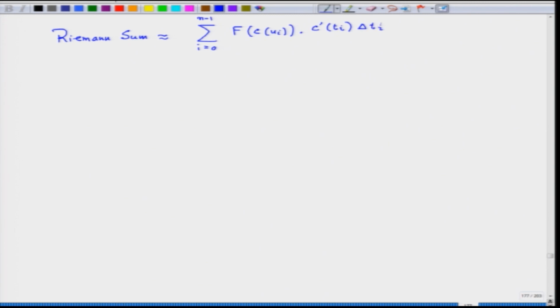Now, as the whole thing goes to 0, you can understand this is now the limit as n tends to infinity, if this limit exists.